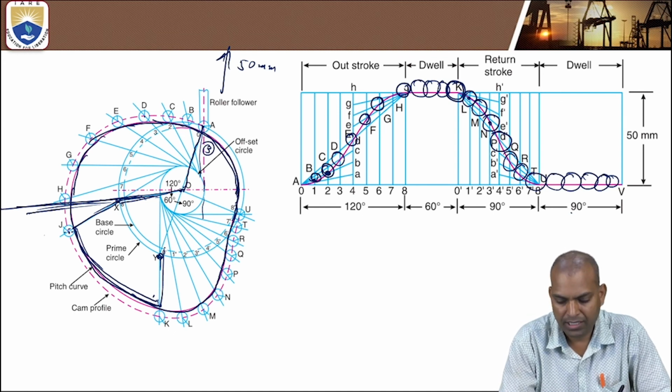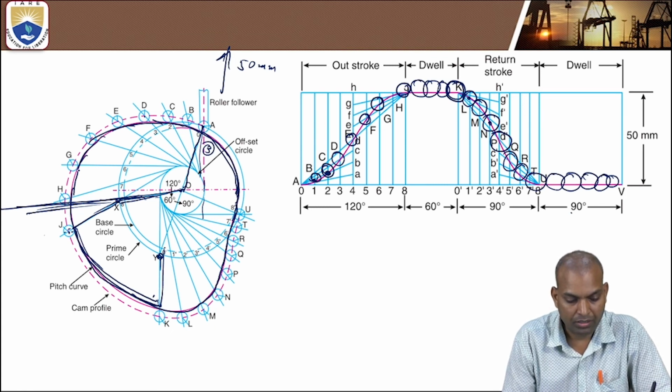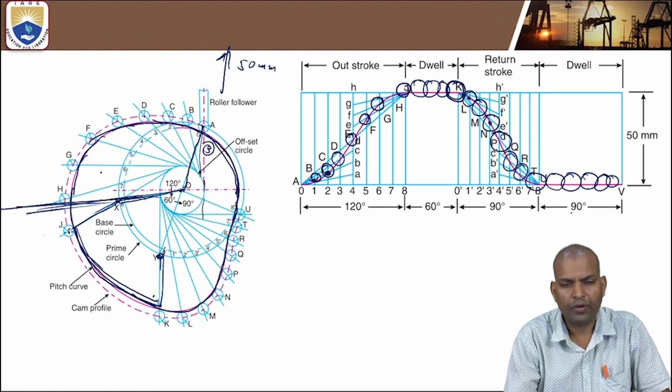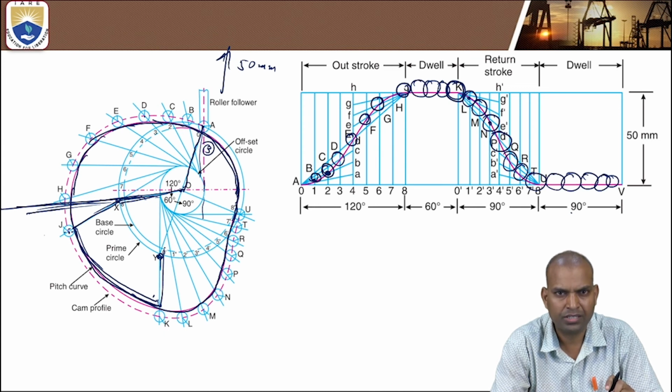So this is the case study when the follower is a roller follower and the motion of the follower is uniform acceleration and retardation for outstroke and return strokes.